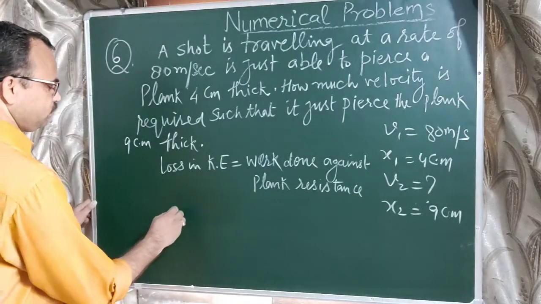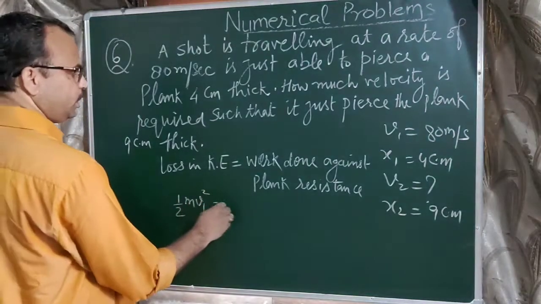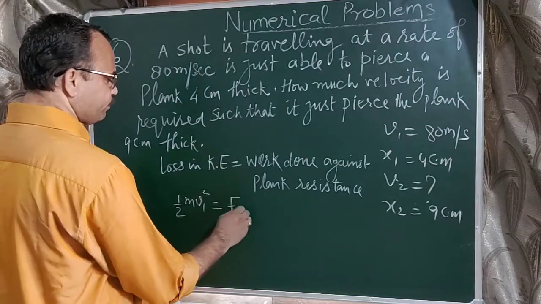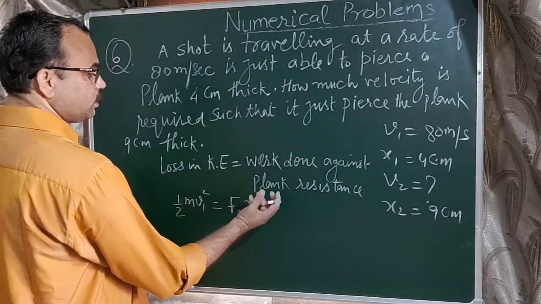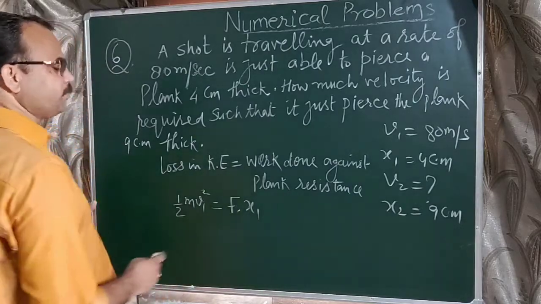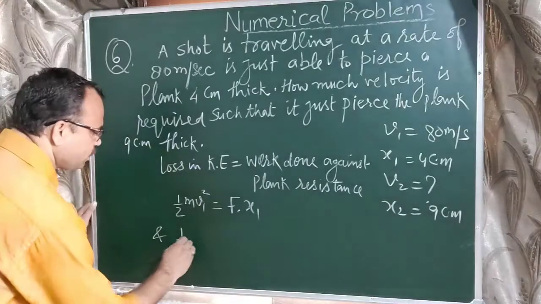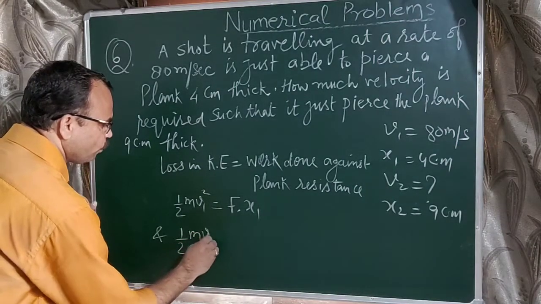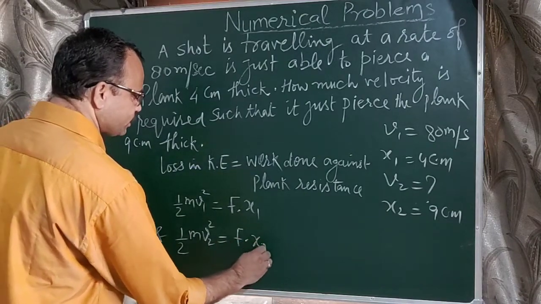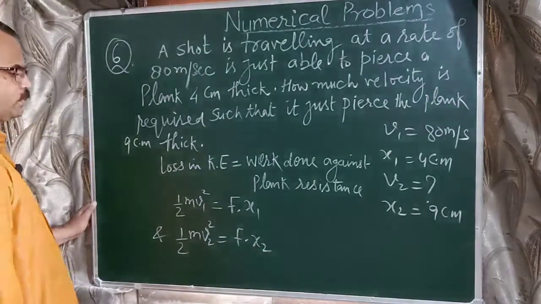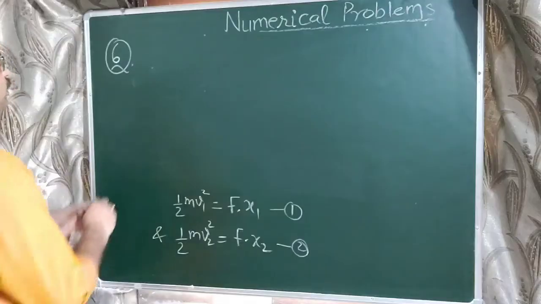Means 1 upon 2 m v1 square is equal to F into x1. Here resistance force offered by plank remains same, and for second, 1 upon 2 m v2 square is equal to F into x2. Okay, suppose this is equation number 1, this is equation number 2.